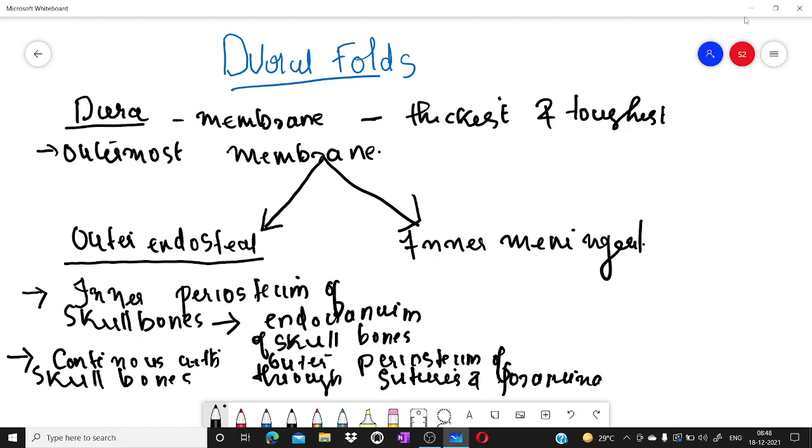And it is also continuous with the periosteum of the orbit through the superior orbital fissure.